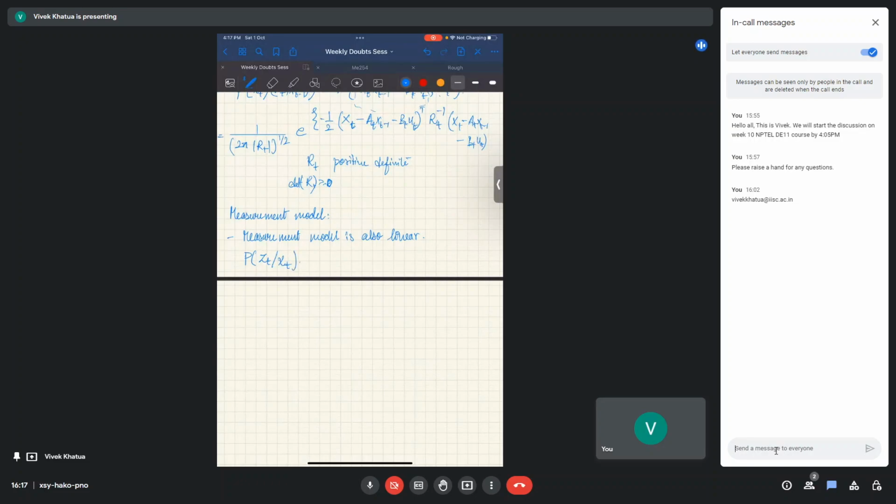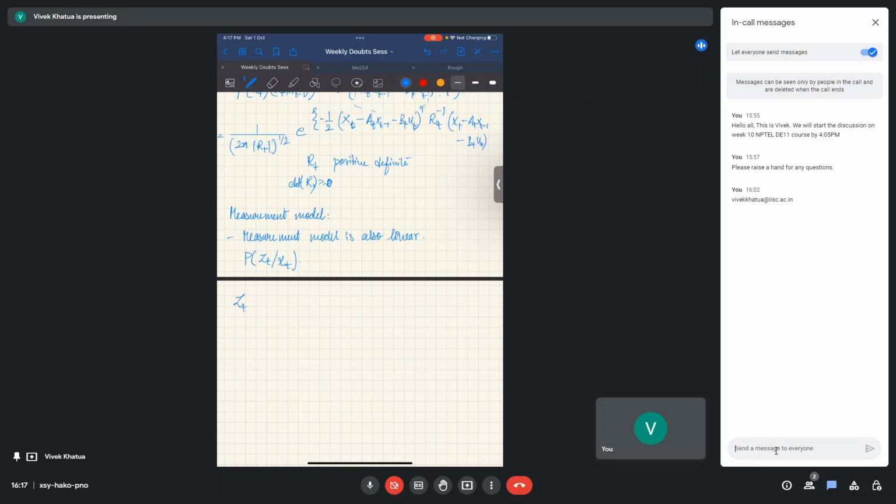This was a known quantity because we knew how our sensor is. Either the sensor is biased towards a thing or it is unbiased. We would know what this probability is. Here we would take this as a distribution, again like a normal distribution.